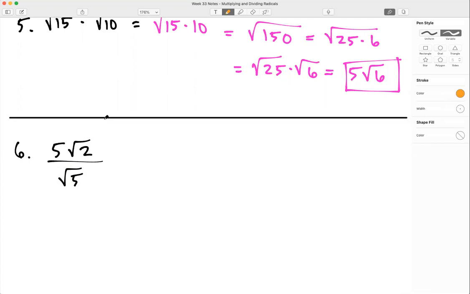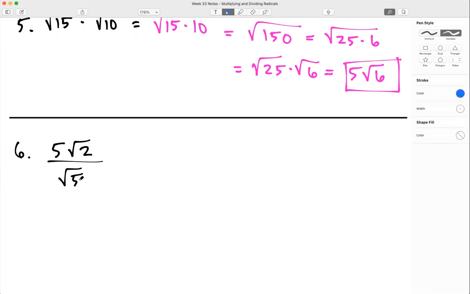Now, with fractions, you remember that I can multiply the same number on top and bottom, and that's the same as multiplying this thing by 1. It doesn't change the value, but it does change the way it looks. And so we're trying to get rid of this square root symbol, and that would be a great way to do it, is multiply the top and bottom by something. Now, what something are we going to use here?